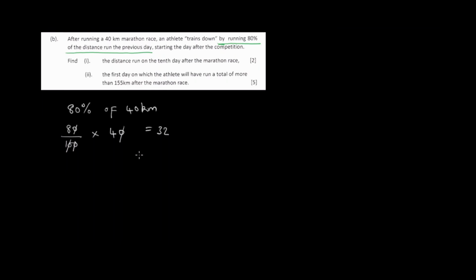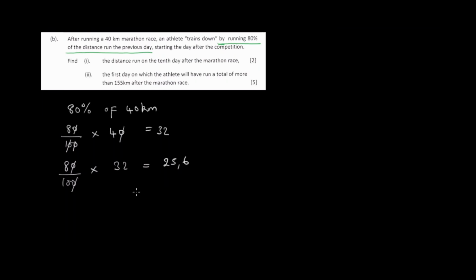The day after, he runs 80% of 32. What answer do we get? 8 times 32 over 10. Using the calculator, it's 25.6.